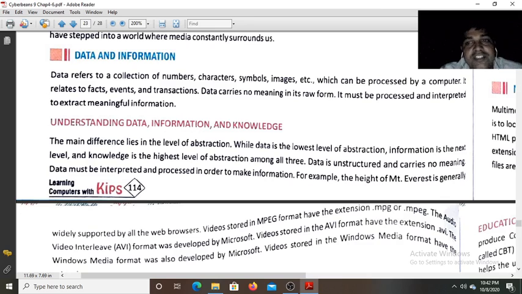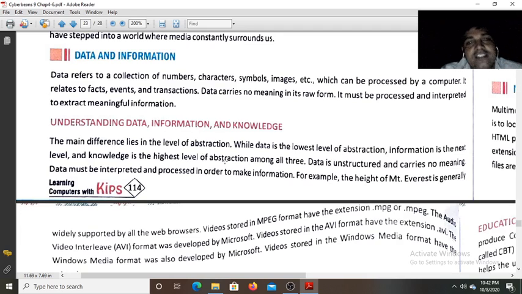How the search engine sends this request, how it finds that information from the database, we are not going to worry about that. We are not interested to know. We just want to use the services of Google. If you type the name of the information you want, you expect only the results of that. So we are only using the services of the software. So that is the second abstraction.